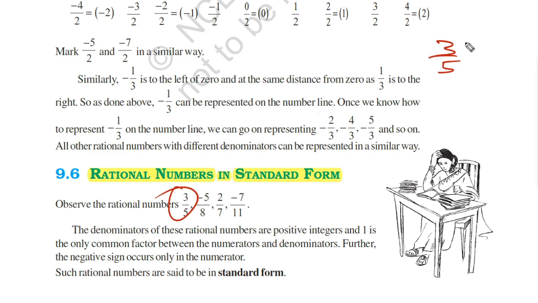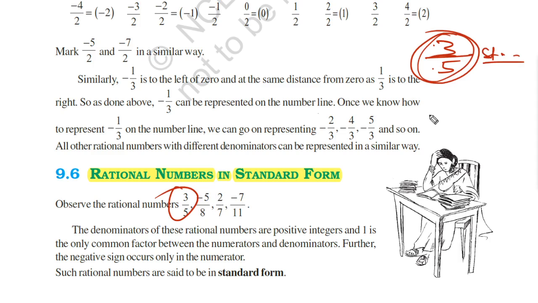You know which rational number is in standard form? When the numerator and the denominator do not have any common factor. You can see 3 and 5 have no common factor, so we can say 3 by 5 is in standard form.